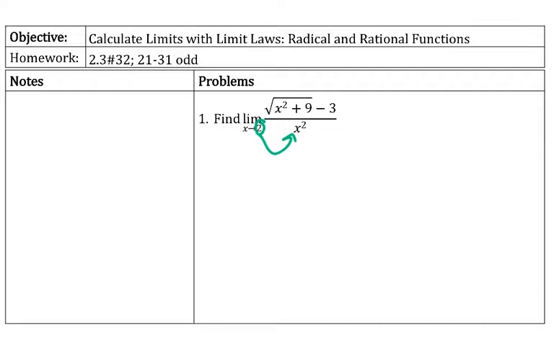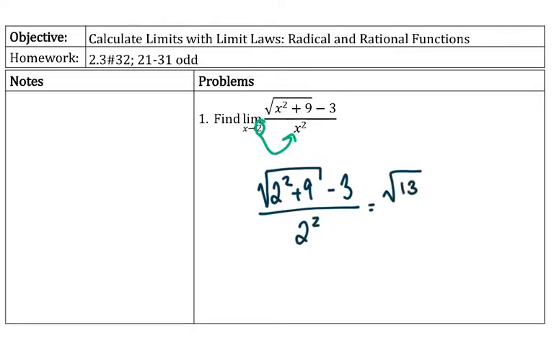If it's not going to equal 0 in the denominator and it's not going to be negative inside of the root, which we're not because we don't have any negatives going on, then we can just plug in. We can say, well, this is then root of 2 squared plus 9, minus 3, over 2 squared, which equals root 13 minus 3 over 4. And you can just evaluate like that.